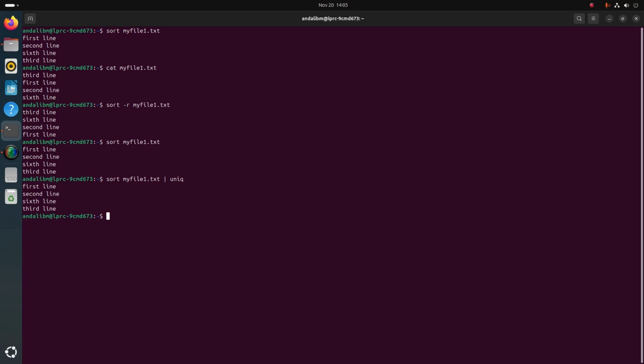Look here as well, they are completely different. Although the word line is the same, it counts the whole line, and not one word, right? So you see that it basically removes the duplicate, but in this case there was no duplicate.